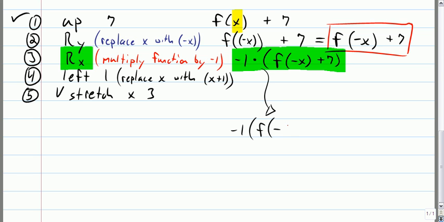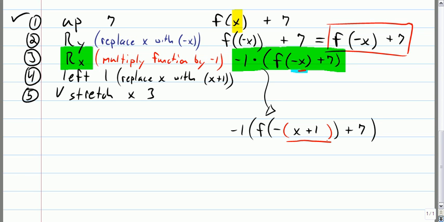So where there was an x in parentheses, I'm going to put in x plus 1. There used to be an x right here, right? So now instead of x, I have x plus 1.